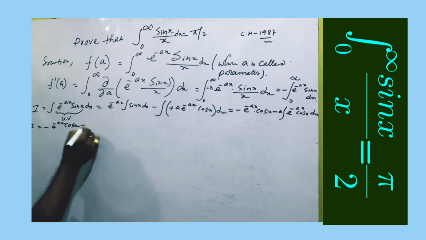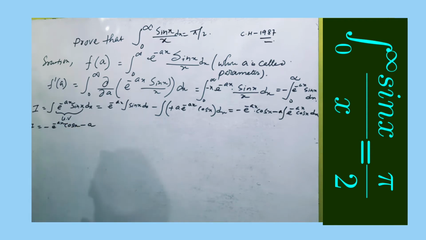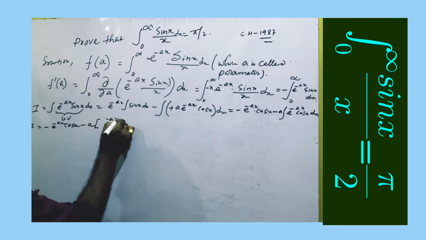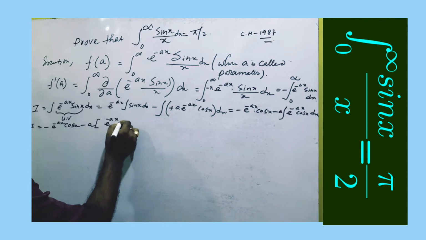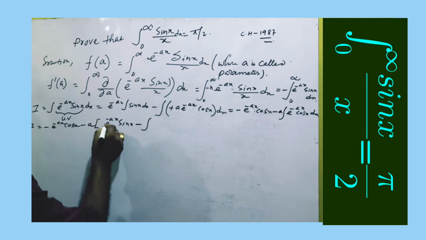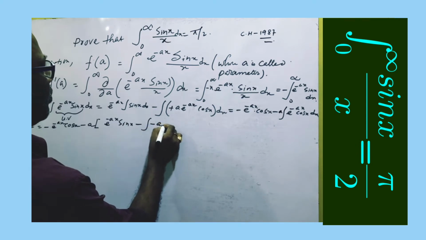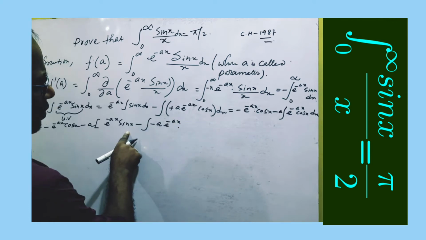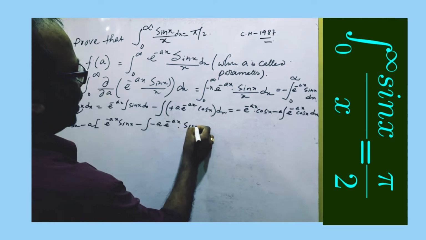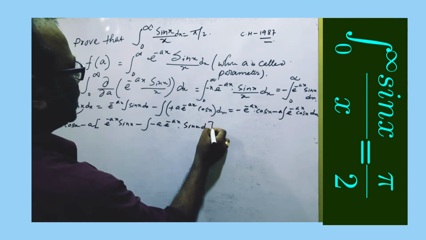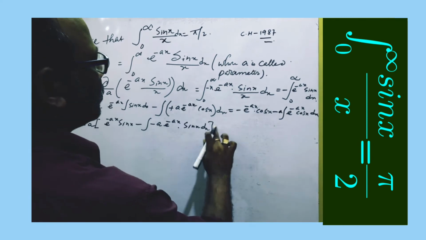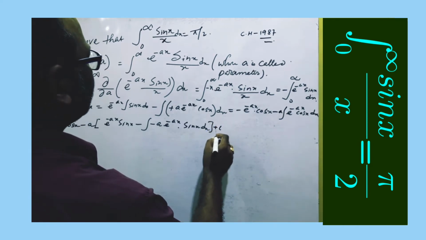Okay, again I is equal to minus e to the power minus ax cos x, minus a into, again applying the u into v method, e to the power minus ax. Integrating cos x, we get sin x. You differentiate this, then we get minus a e to the power minus ax, and the integration of cos x is sin x dx.